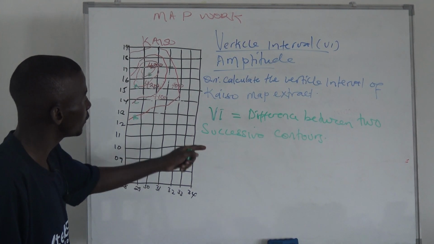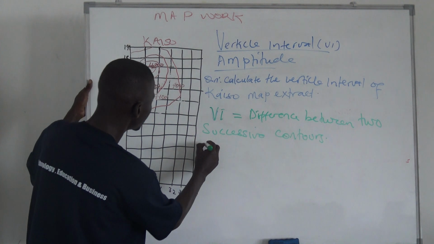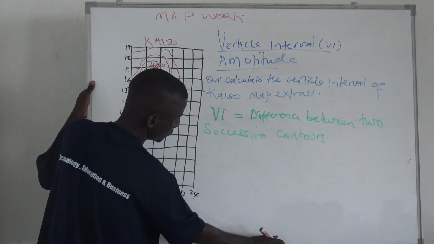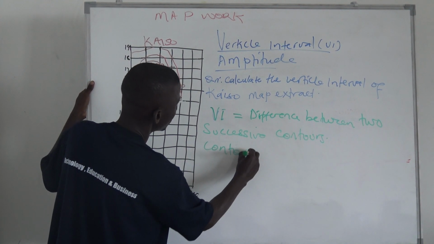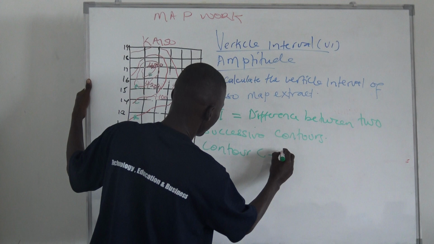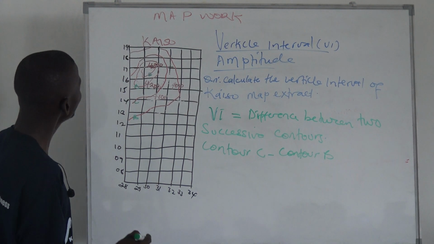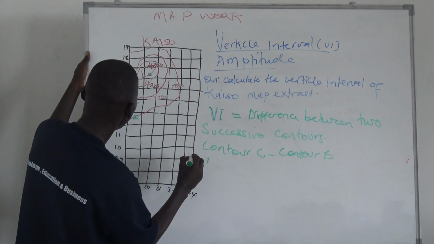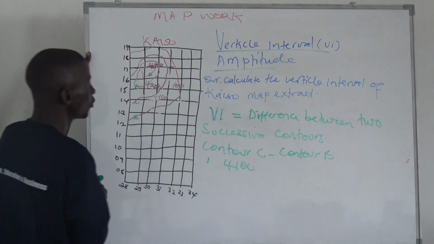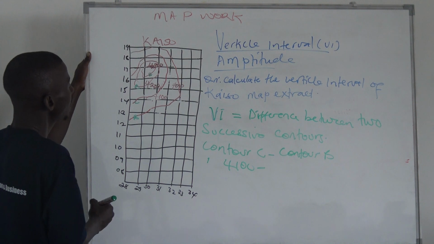When we say difference between two successive contours, we are referring to, for example, contour C minus contour B. In this case, contour C is numbered 4,100 and contour B is numbered 4,000.